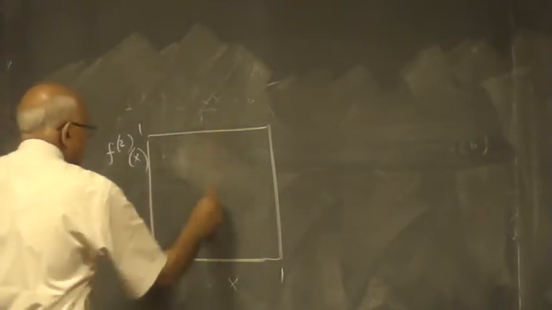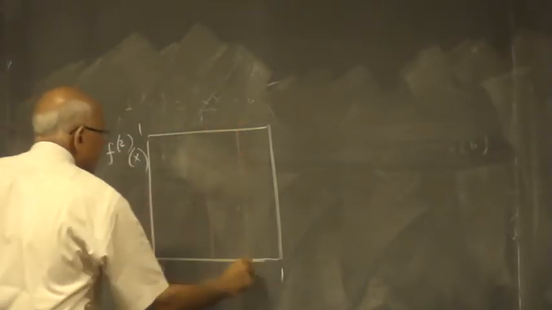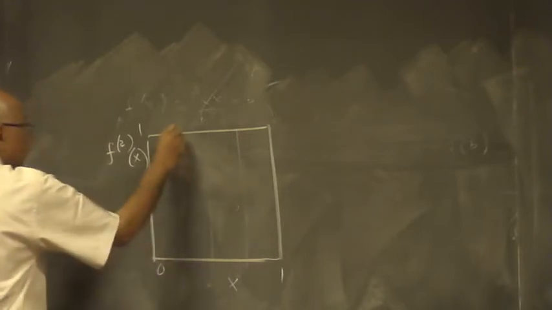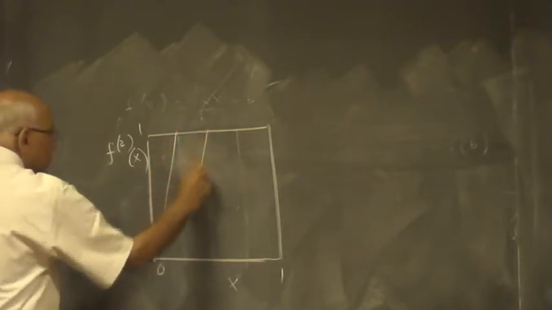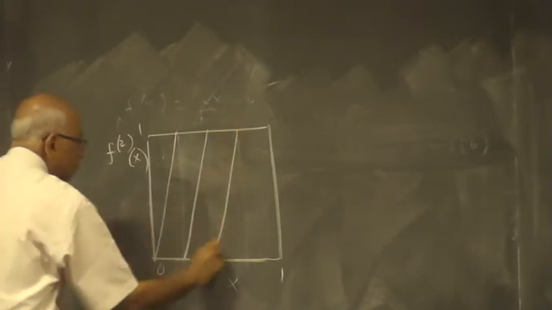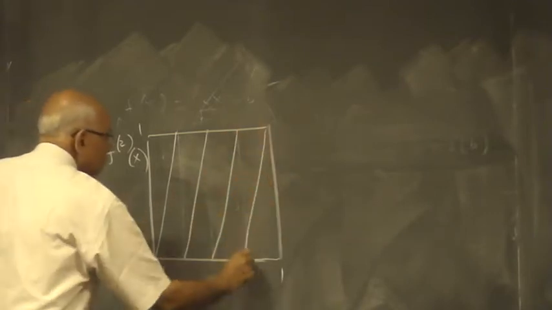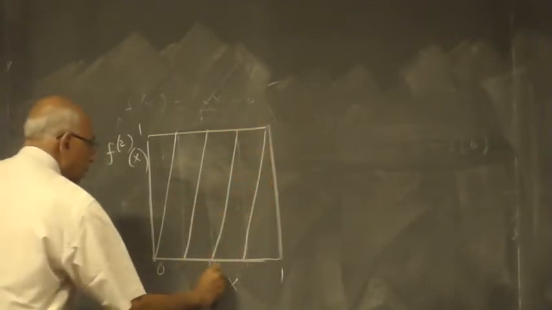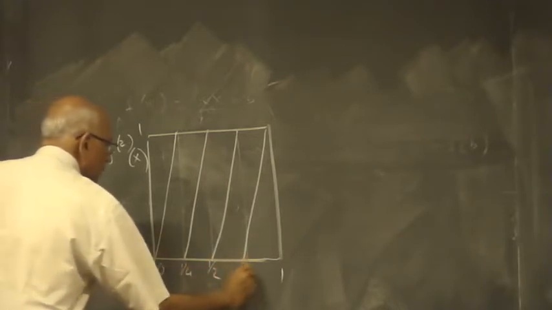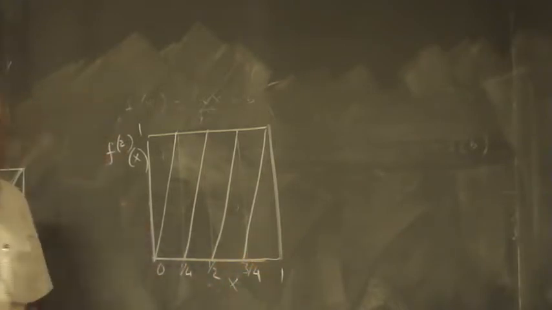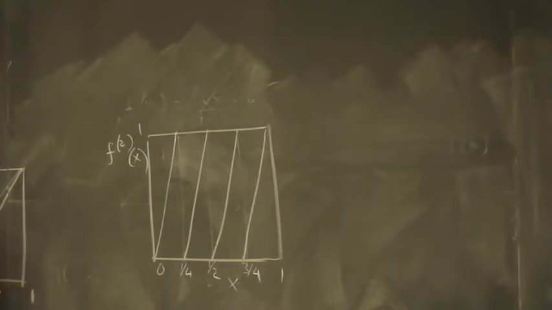So that's f2. This is half. That's a quarter. That's 3/4. That's my map, f2 of x.